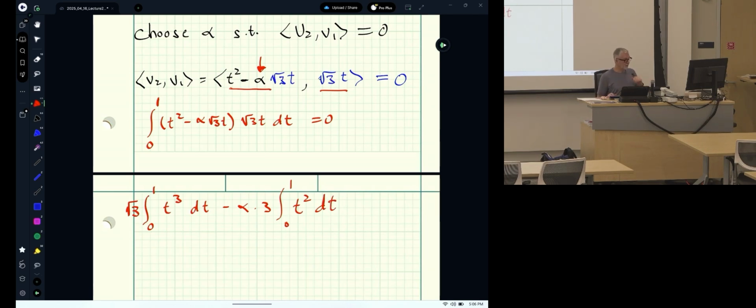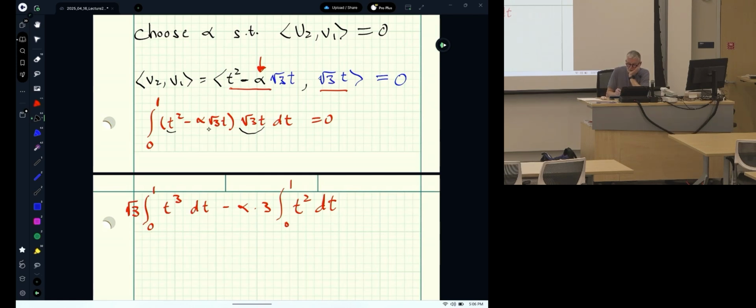Got something similar to that. Okay, so we just multiply this term through. t squared, t cubed, and the square root of 3.